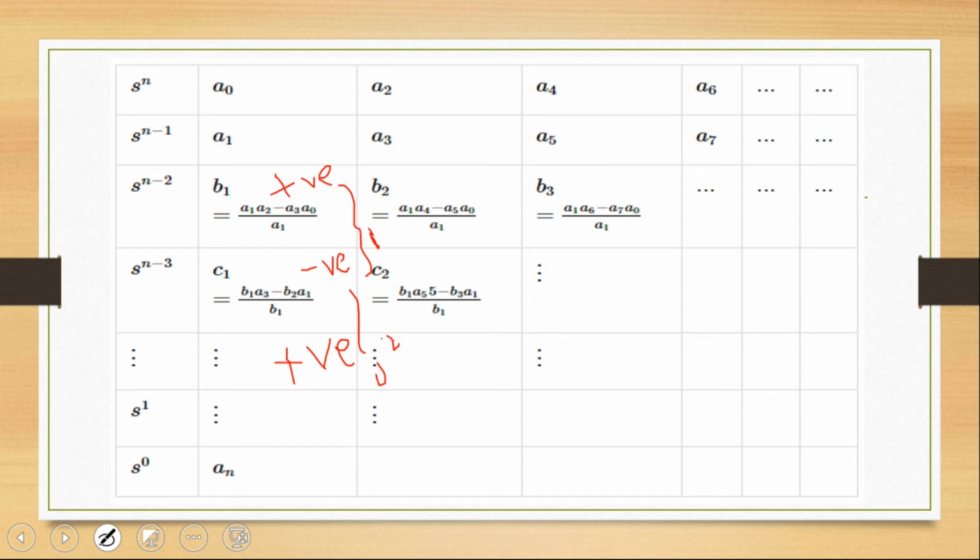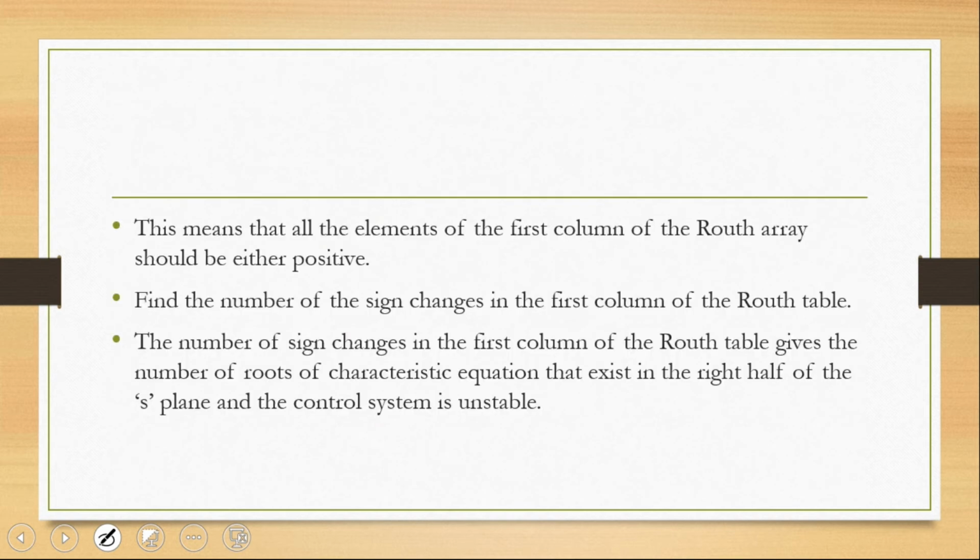So two sign changes indicate that there are two poles in the right half of the S-plane, and therefore the system is unstable. So the elements of the first column should be positive. In the first column of the roots table, you have to observe the number of sign changes.